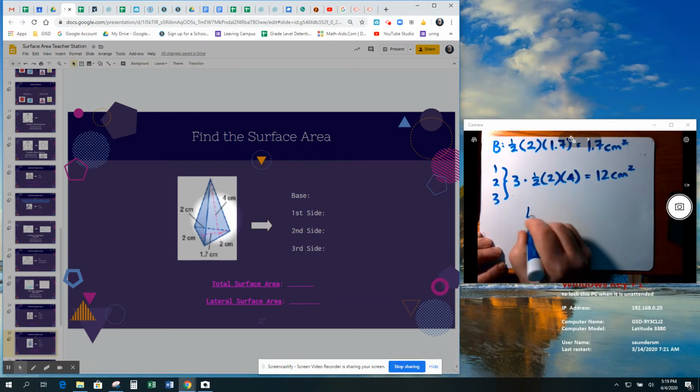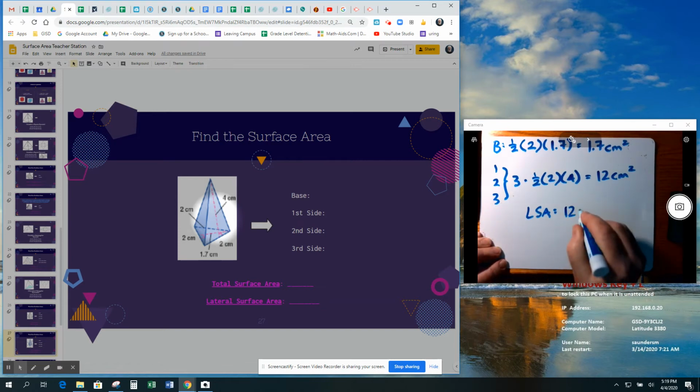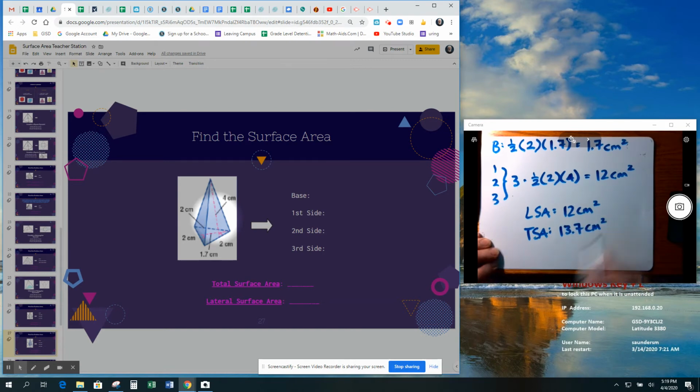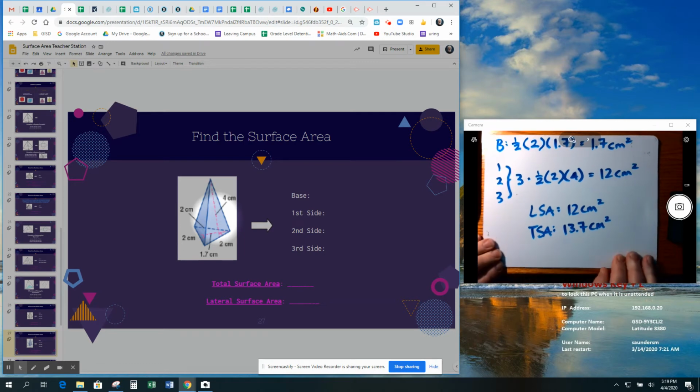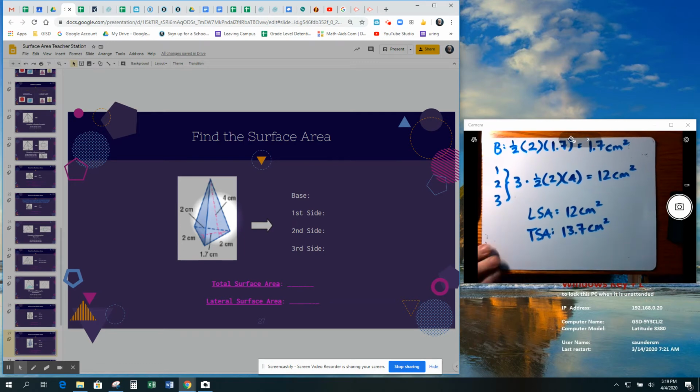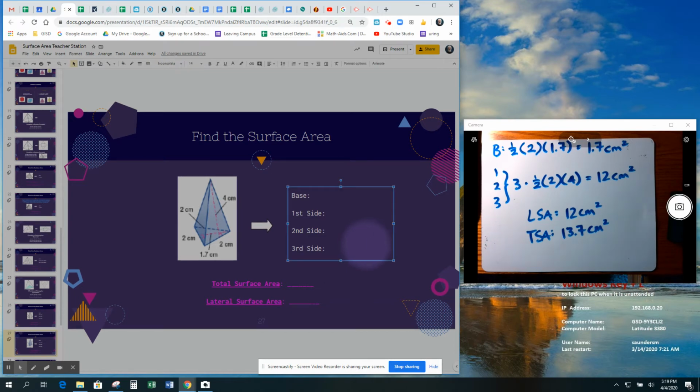And so our lateral surface area is just the 3 sides without the base, or 12 centimeters squared. And our total surface area adds the base. So 12 plus 1.7 would be 13.7 centimeters squared. Okay. Next problem.